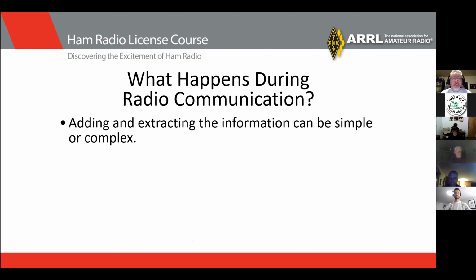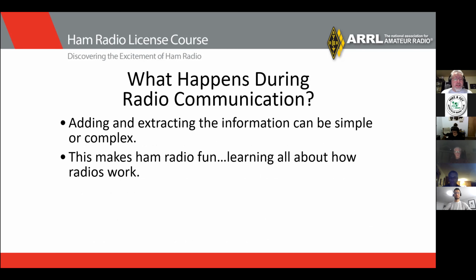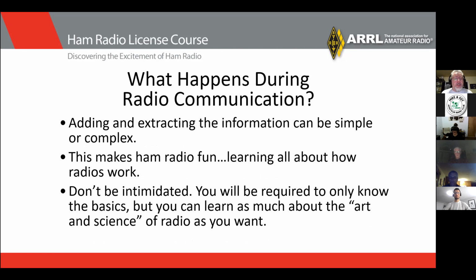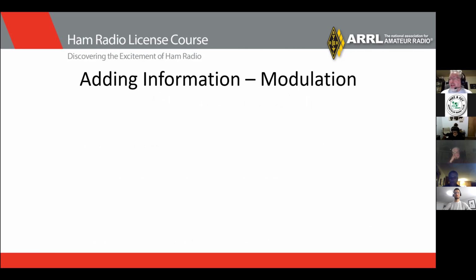Adding and extracting the information can be simple or complex. This makes ham radio fun, learning about how a radio works. Don't be intimidated. You'll be required only to know the basics, but you can learn as much about the art and science of radio as you want, aka general and extra.